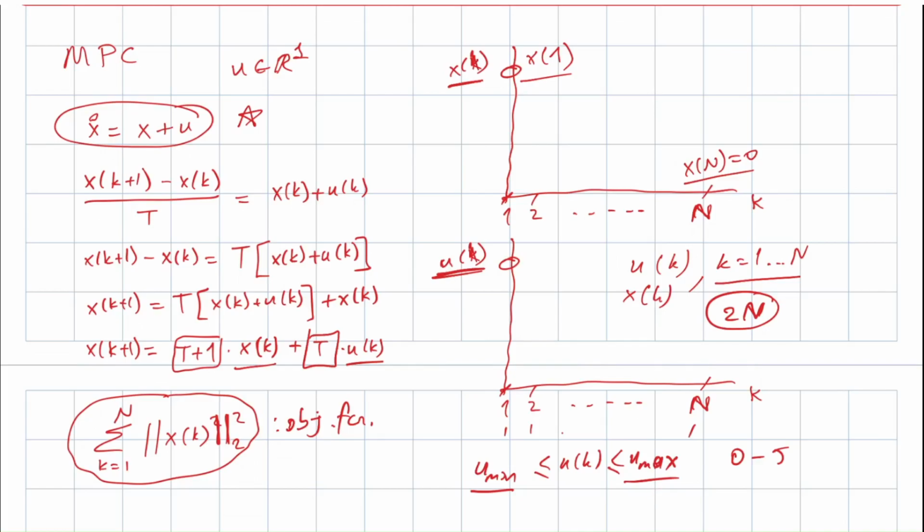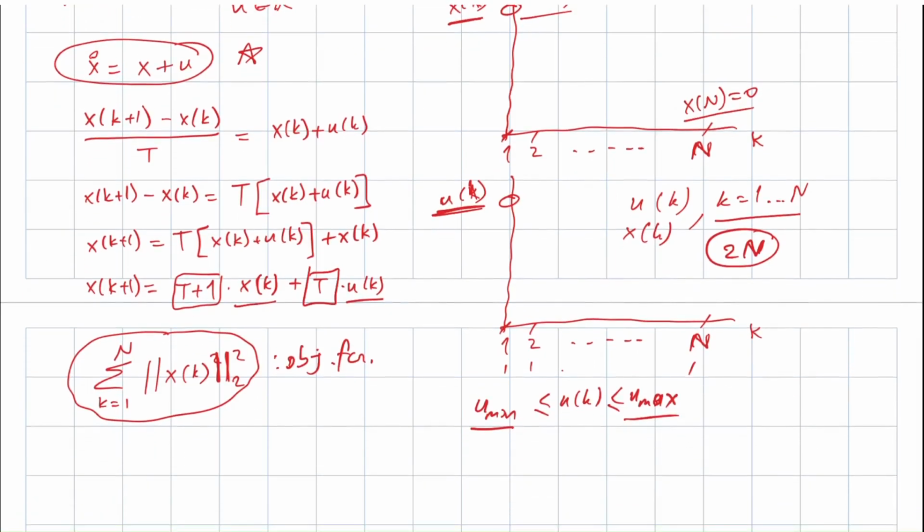Also, we are not imposing any other rate limiter constraints. For example, we can also do something like this. Let me write down the u rate limit.